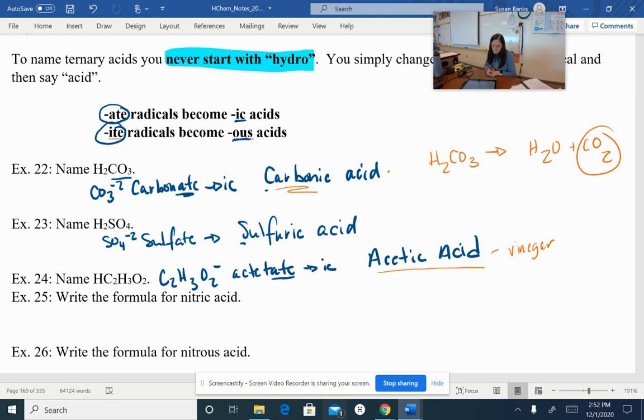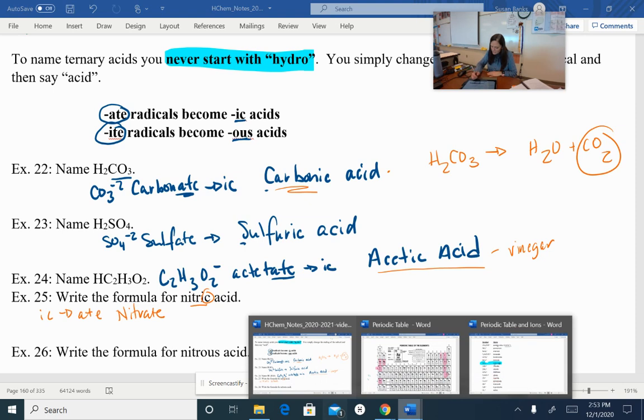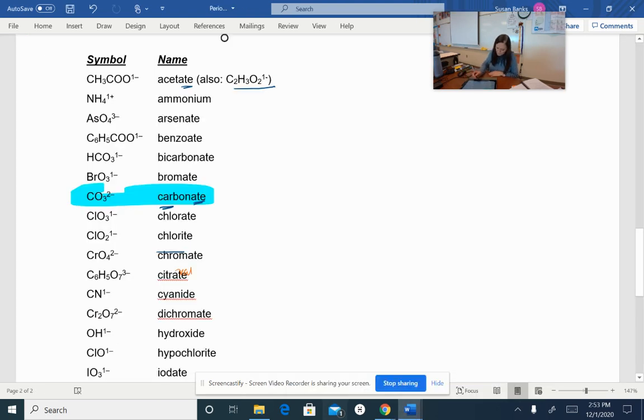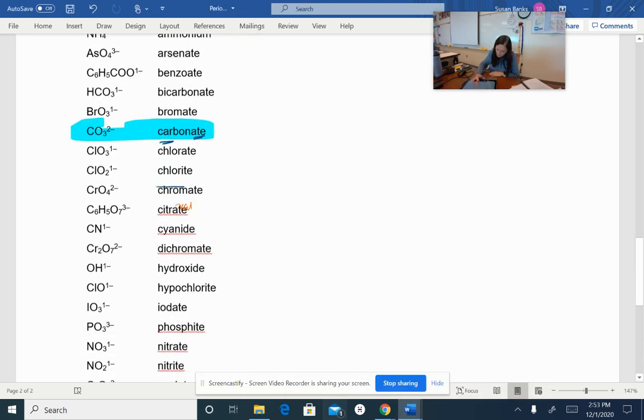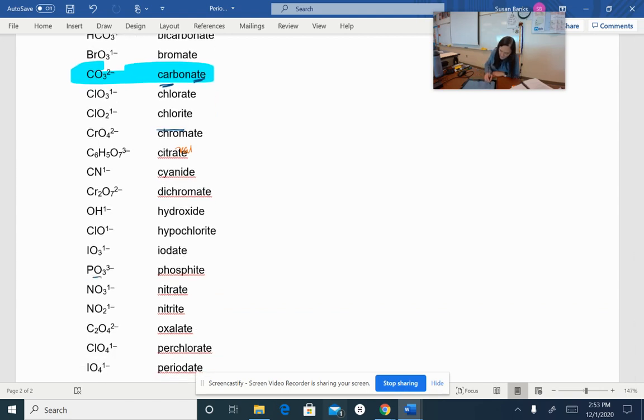All right? So let's look at nitric acid. It ends in ic, so we know it comes from an ate, right? So that means we need to find nitrate. So let's look at finding nitrate on our periodic table. Nitrate is NO3 -1.